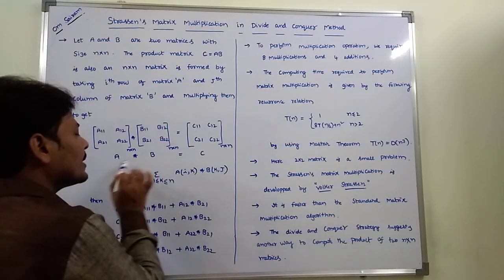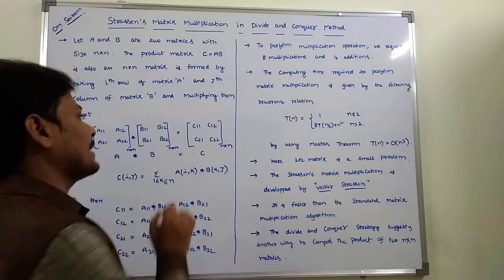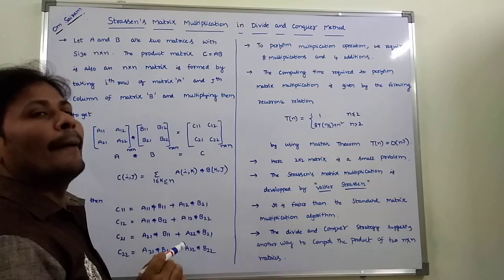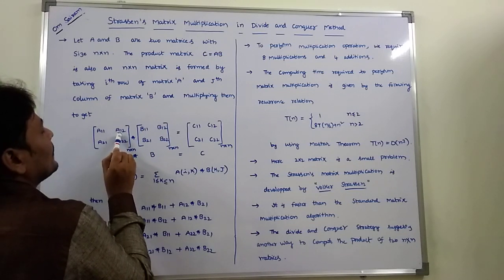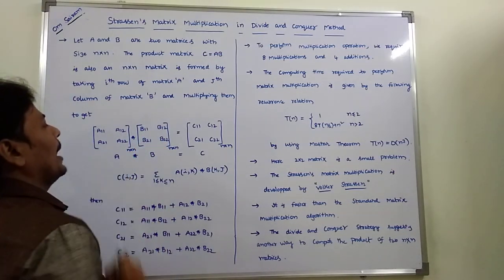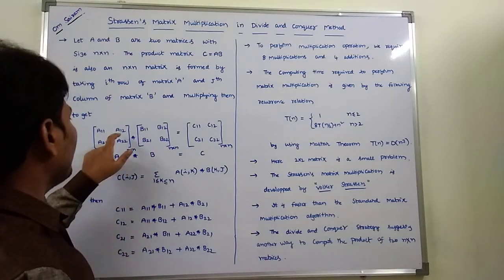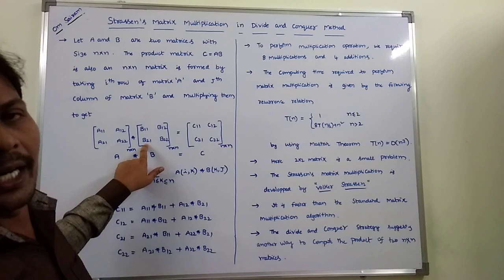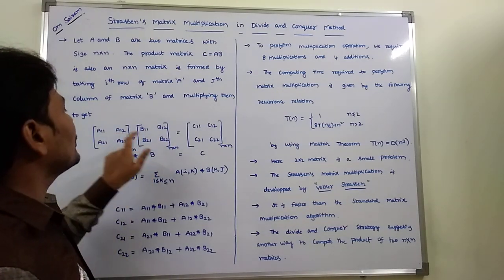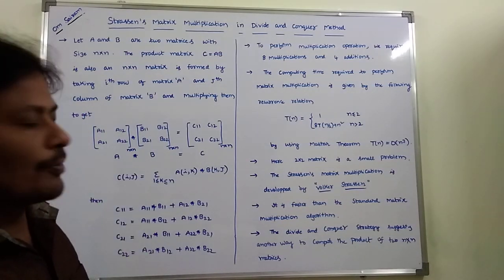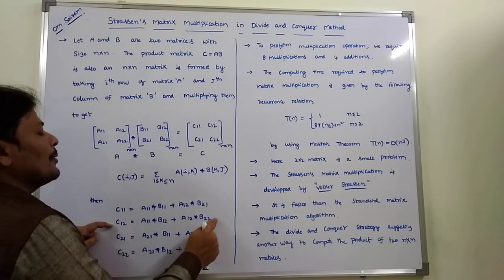By using this formula, we find the resultant matrix C by multiplying these two elements with these two elements. So that is A11 into B11 plus A12 into B21. Next, A11 into B12 plus A12 into B22. That is the C11 value and this is the C12 value.